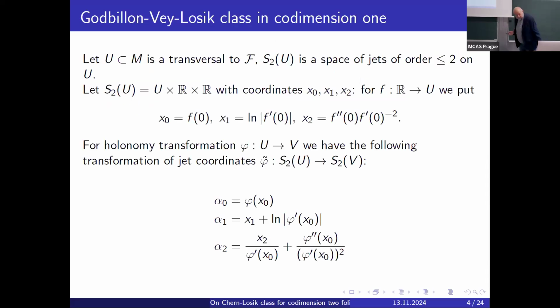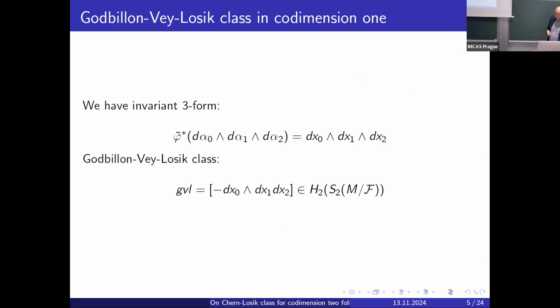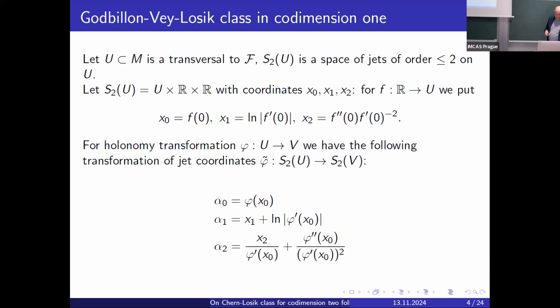And first of all, I would like to remind the concept of Chern-Losik characteristic classes for codimension 1. So in codimension 1, the transversal is one-dimensional. And we consider the space of all jets of order less than or equal to 2.